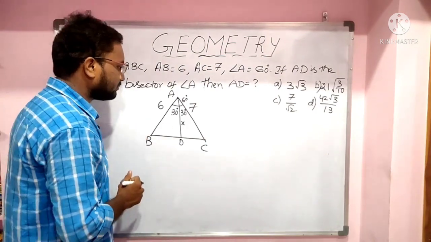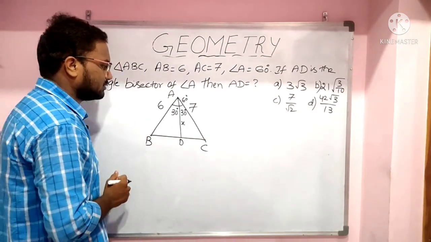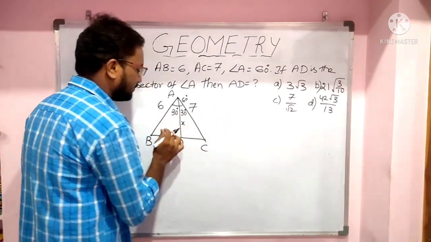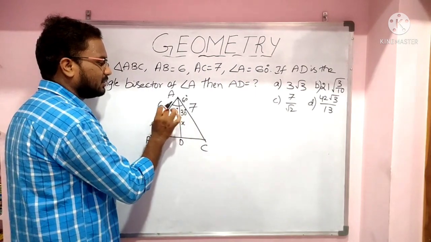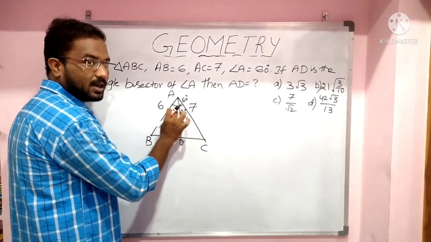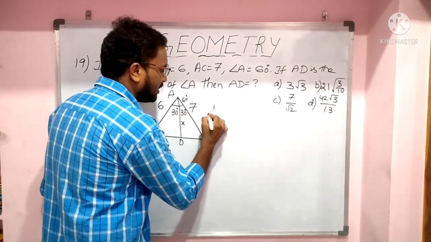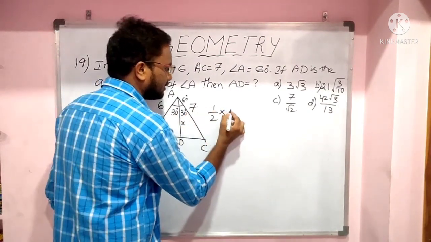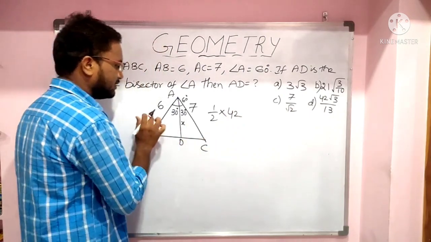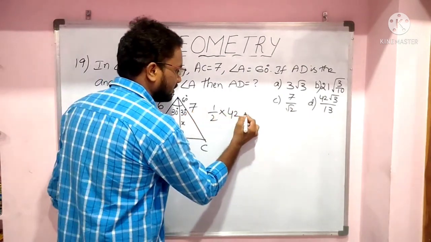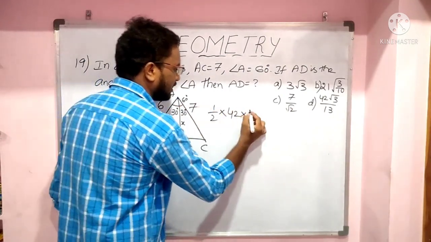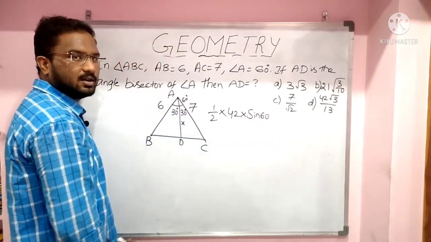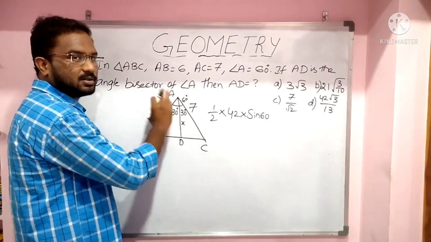First of all, we have a formula, the area of triangle formula. If you have two sides and you are given the angle between those two sides, then area of triangle equals half into the product of two sides, 6 into 7, 42, into sine of the angle between them, sine 60. This is the area of triangle ABC.